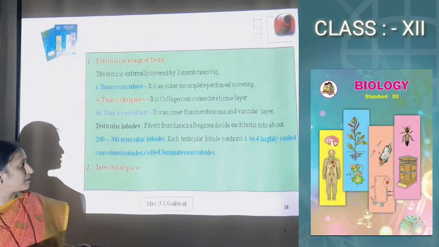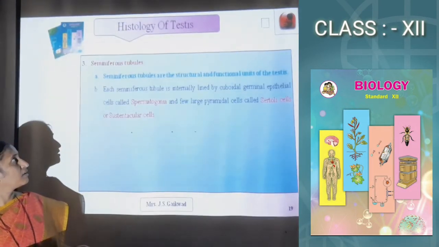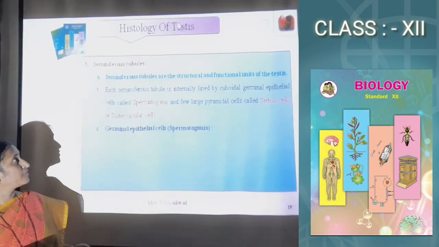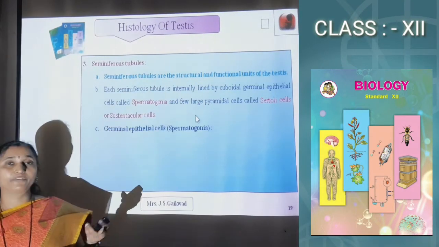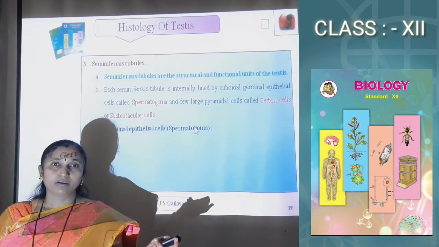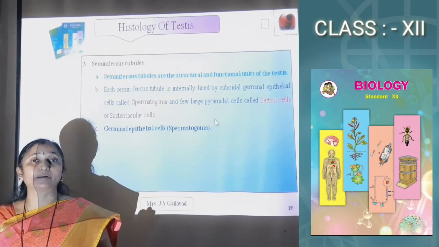Again, see here, all these are the notes points. Note on the seminiferous tubule, that is structure and functionality of the testes. Each seminiferous tubule is lined by germinal epithelium. The germinal epithelium undergoes spermatogenesis to form the sperms. First, there are spermatogonia, the germinal epithelium, and a few large pyramidal cells, Sertoli cells.